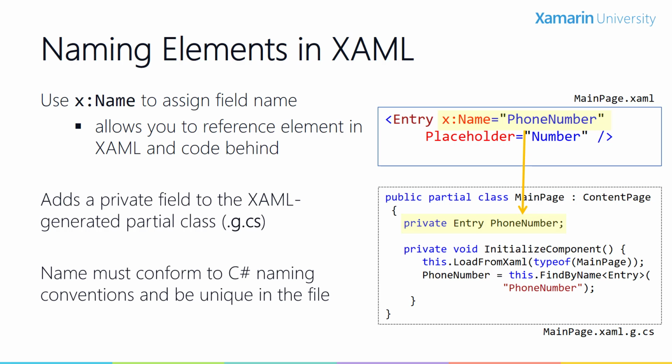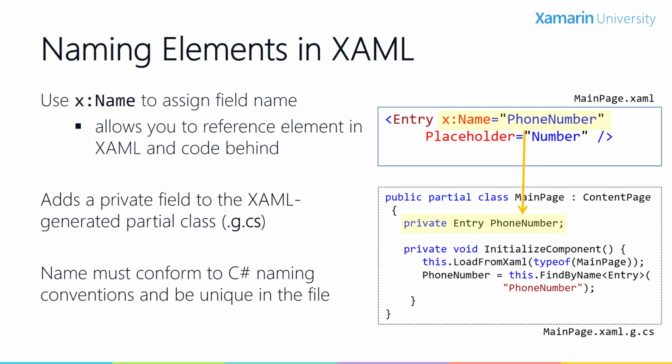It turns out that the system automatically generates this file as well. This is the file that essentially represents the XAML in code. Notice how this is where the actual definition for initialize component lives. You can see when you call initialize component, it calls a method called load from XAML, which essentially goes off and then parses the XAML file.